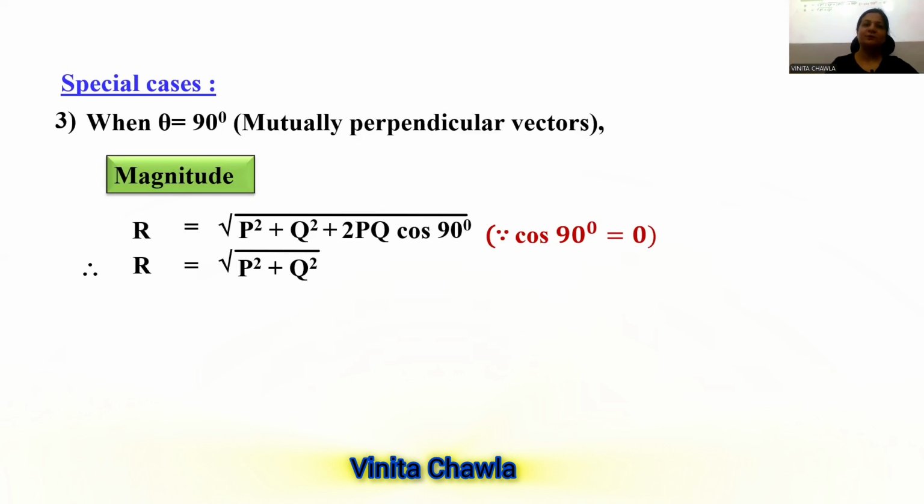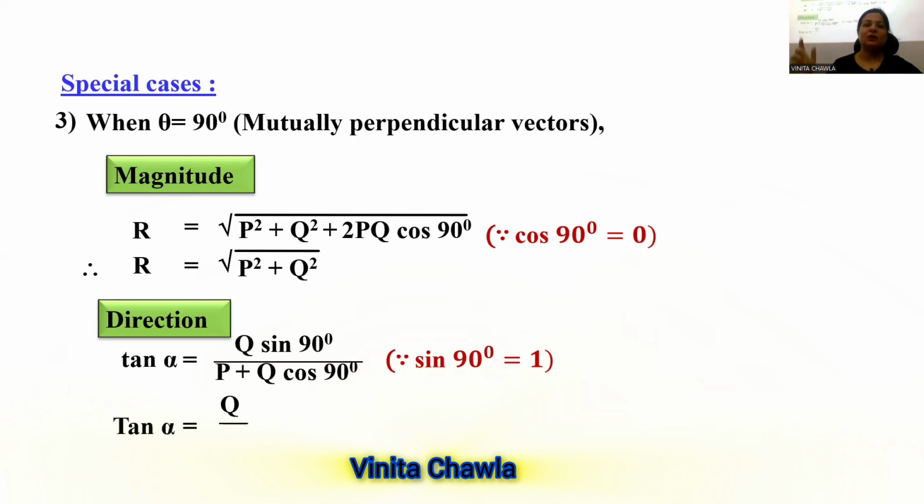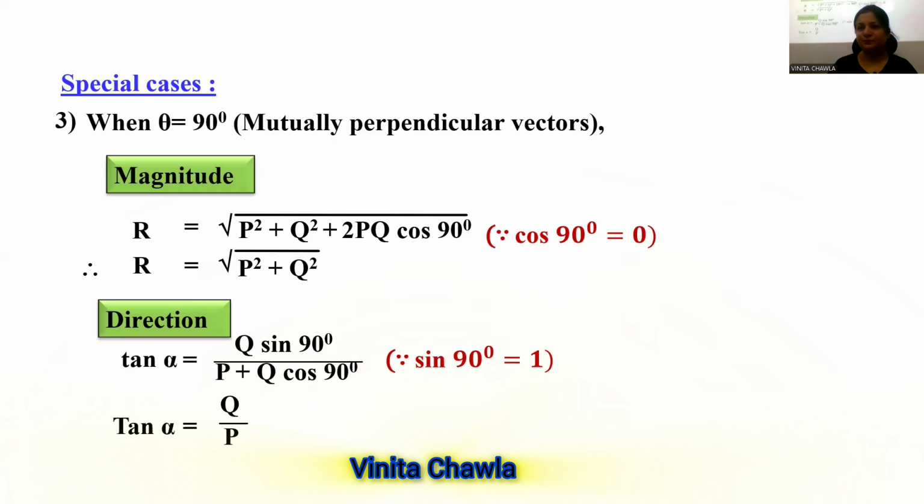Similarly, we can find the direction: tan alpha is Q sin 90 degree upon P plus Q cos 90 degree. Sine 90 degree is 1 and cos 90 degree is 0, so the second term vanishes and tan alpha is Q upon P only. Write this.